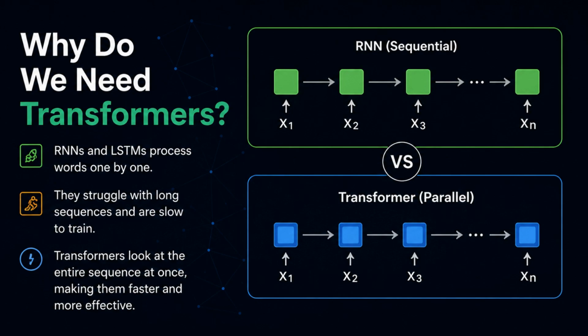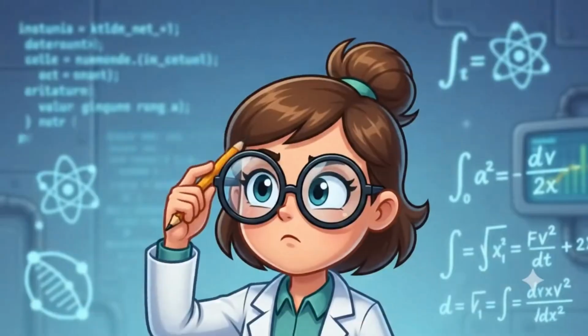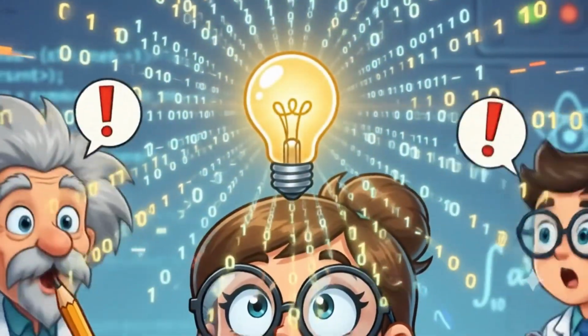While these approaches work for short sentences, they struggle with long ones. The model gradually forgets the important information from the beginning of the sentence. Training is also slow because each word must wait for the previous one to finish. So researchers wanted something faster and better. That's where the transformer comes in.